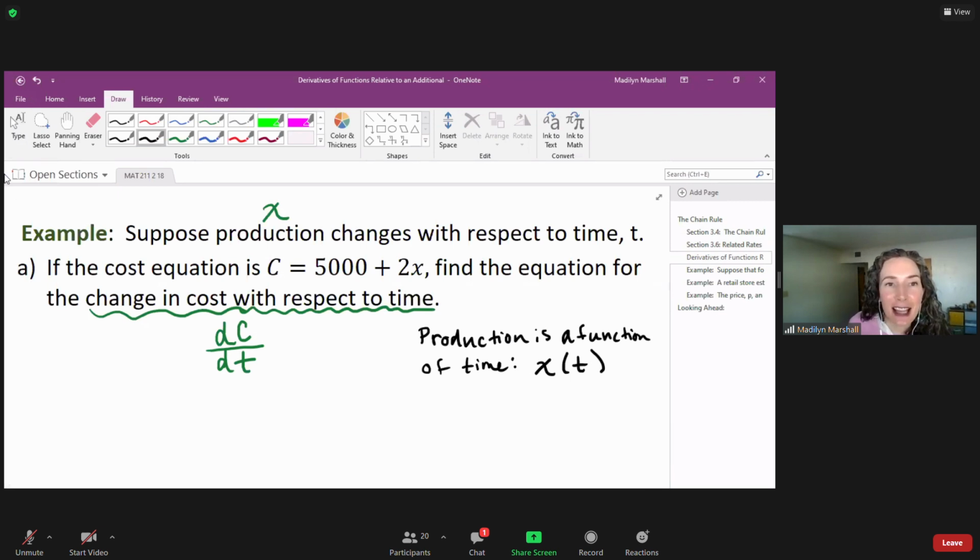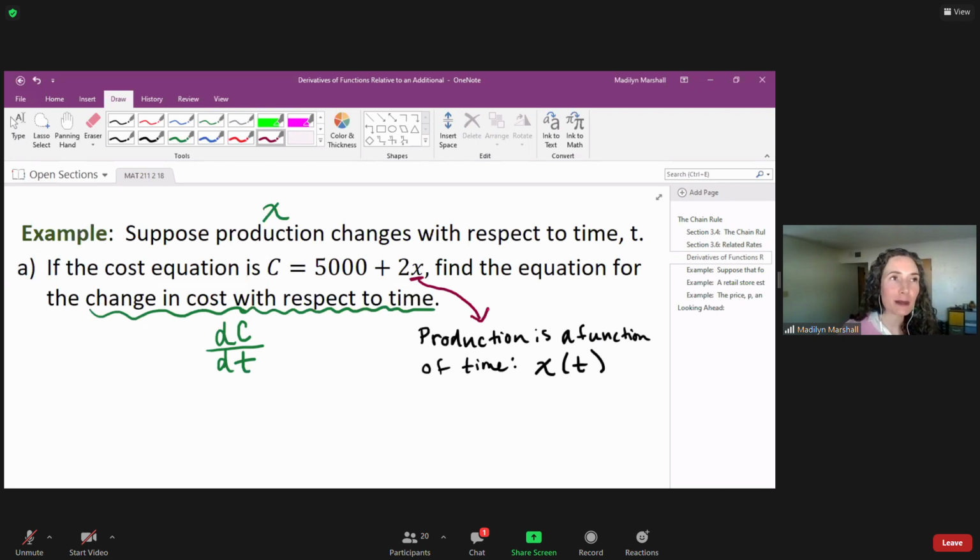So this little x in here is its own function that has a t implied. Even though the t isn't written in there, we're being told in this problem that production is changing with respect to time, which means that x is its own function relative to time.